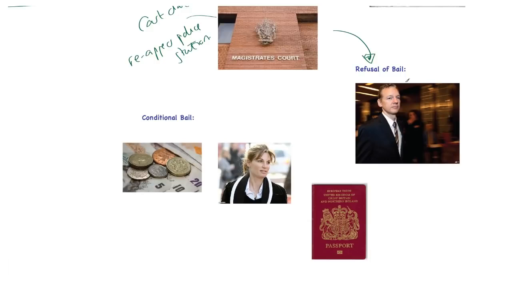Bail might be refused because they might think that the defendant might abscond, do a runner, commit an offence whilst they're on bail, or interfere with witnesses. Very often, people that ran gangs, criminals, East End gangsters, frequently would interfere with witnesses to stop them giving evidence in later court cases.